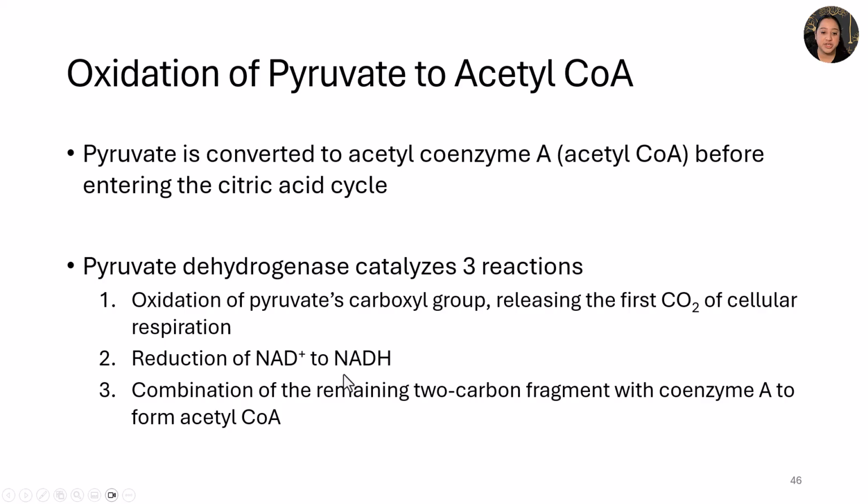So that's the reduction of NAD+ to NADH. And then there's a combination of the remaining 2 carbon pieces with coenzyme A, and this is what forms acetyl-CoA. So the carbons that were all present in that glucose molecule are getting rearranged at this point.